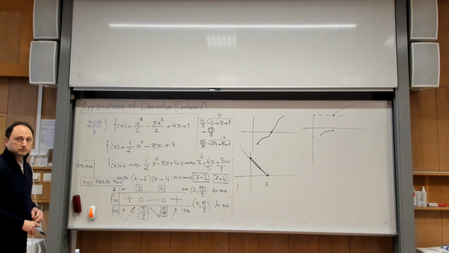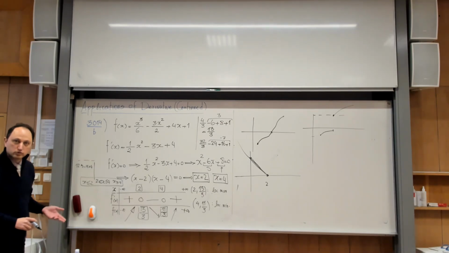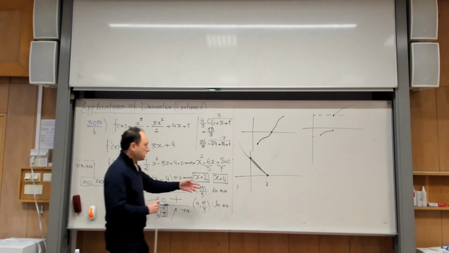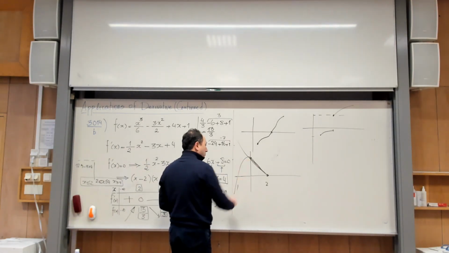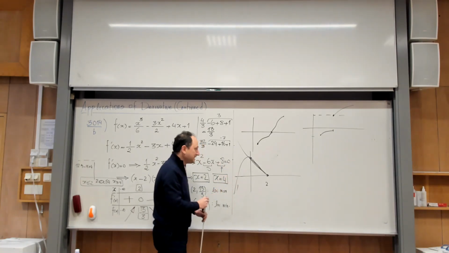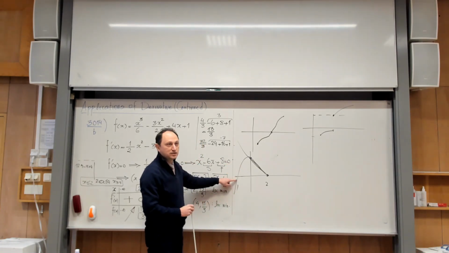Because the derivative of this function has only 2 roots. Only 2 roots. Exactly. There is no other root. Yes? So if it is going to come back and become negative at some point, it has to cut the x-axis at some point.